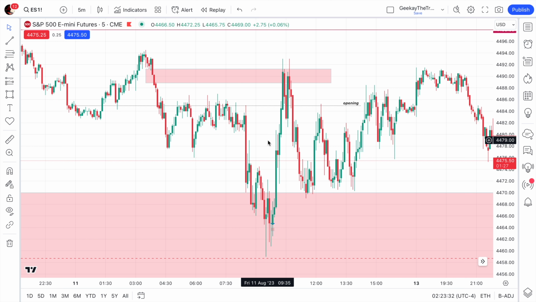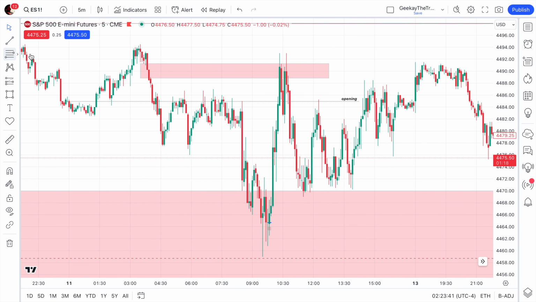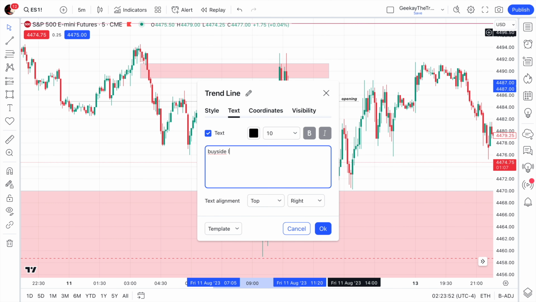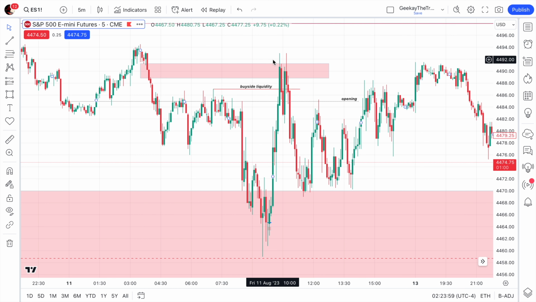Now, 5-minute time frame. Once we push lower into the consequent encroachment discount, what's the draw? The draw is going to be this premium inefficiency along with this premium buy side.